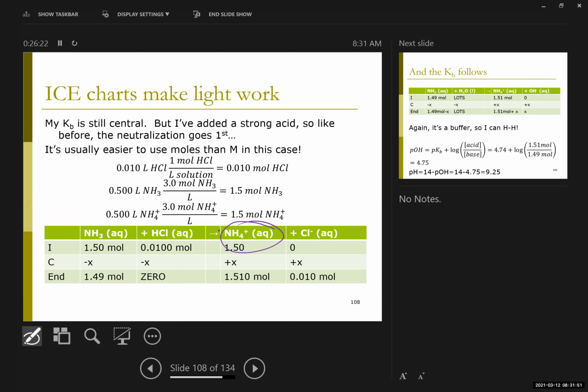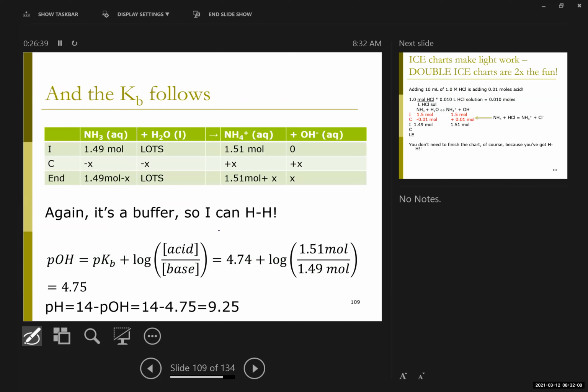Because my HCl is all gone, and so is the HCl reaction, the next best reaction is the Kb of ammonia, which is my buffer reaction.